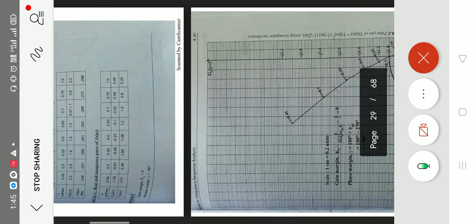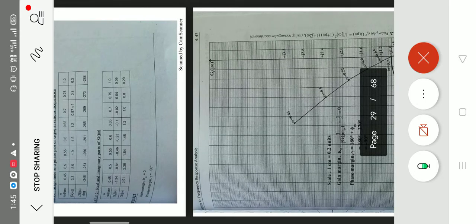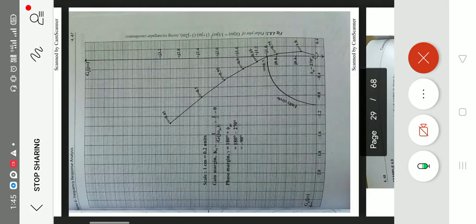Here the real value is minus 1.34. The imaginary value is 3.01. So here I am taking 3.1.